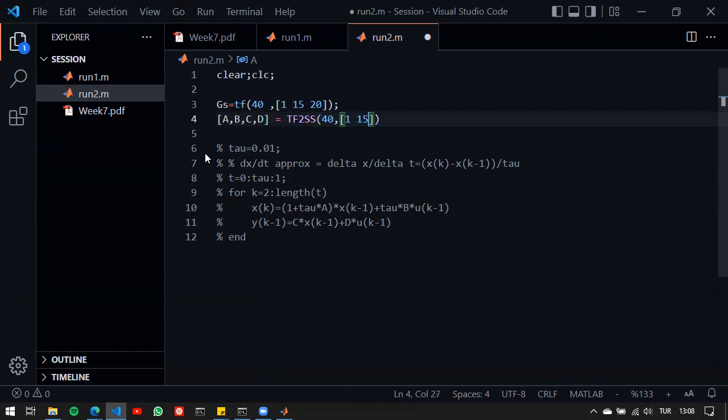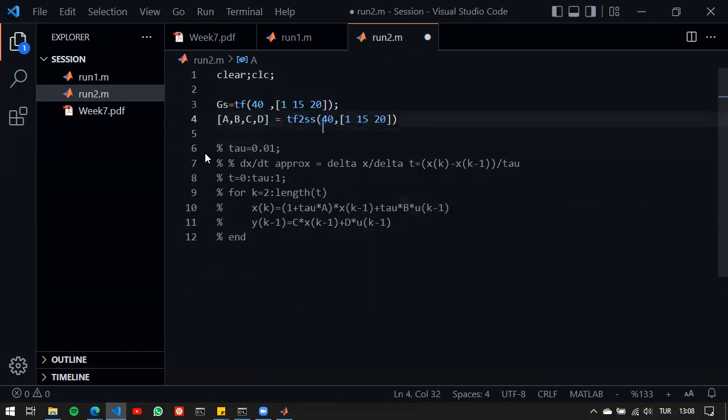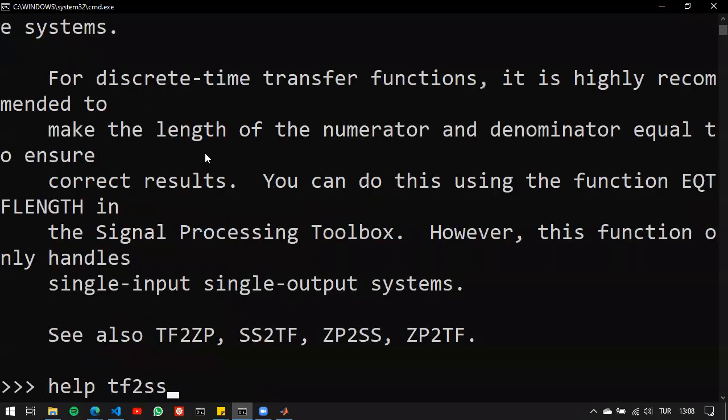It's 1, 15, and 20, TF to SS. Let's see what A, for example, looks like. There we go.